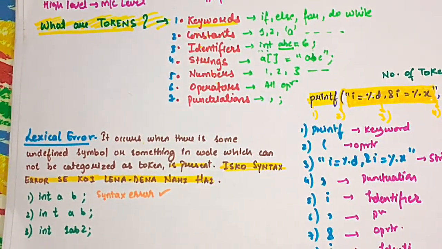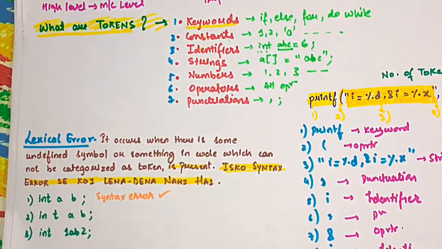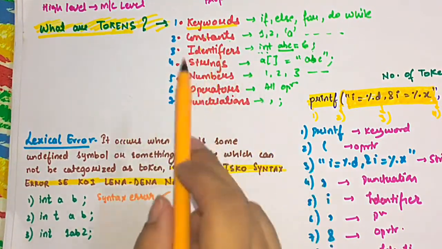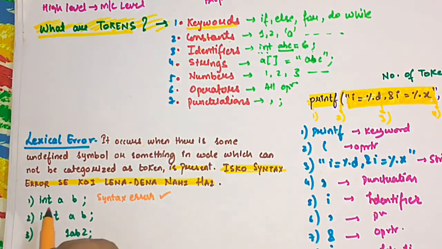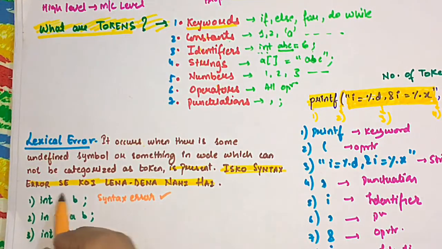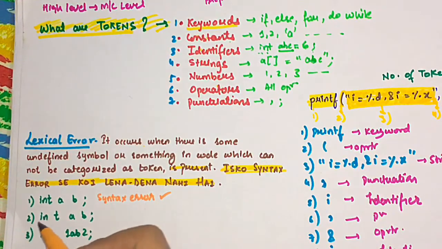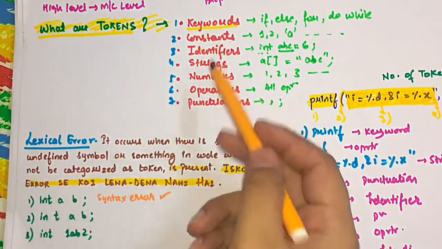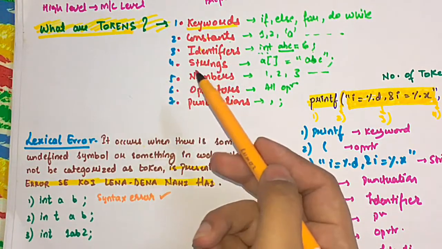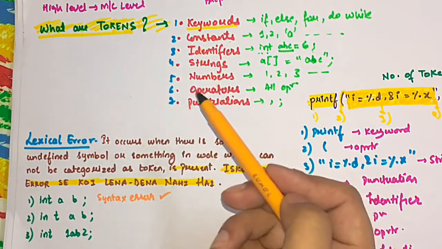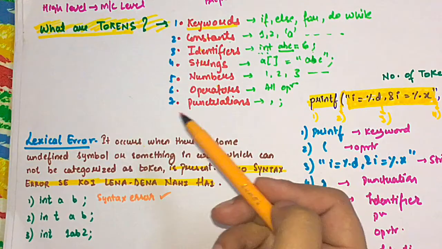There will be no lexical error in this code, because let me tell you what a lexical analyzer does. The lexical analyzer will start reading the code from the very first keyword and will try to classify everything it reads into tokens. If it is able to classify, then no lexical error is thrown. If not, then an error will be thrown.